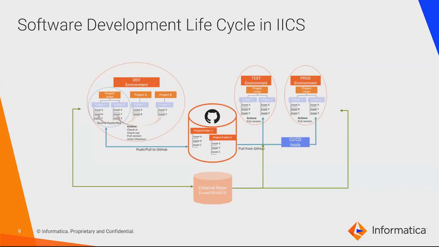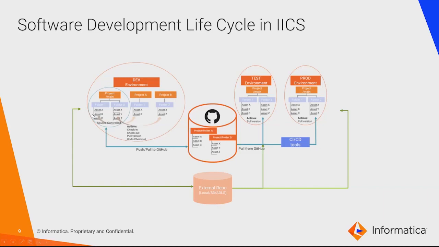In the typical world, Informatica has this Git option for version control, wherein they can check in and check out from Git, and from Git they can pull it. They can also pull from the higher environment, test or production, and pull it from Git. That's the first architecture shown here.